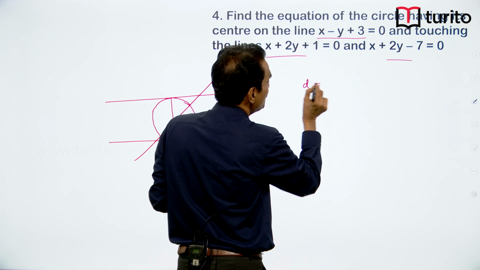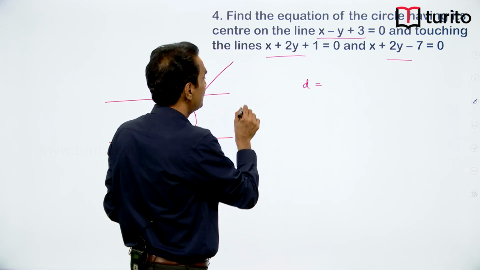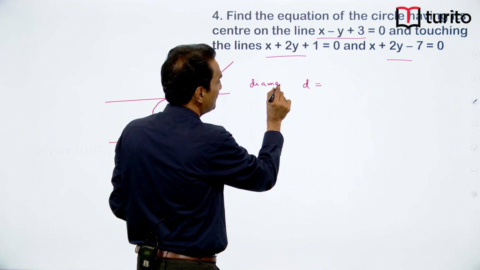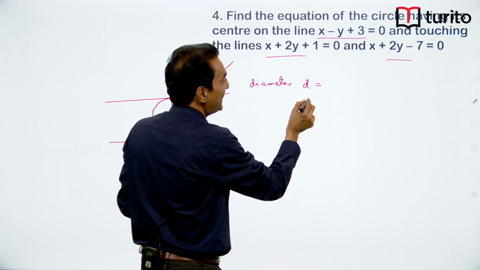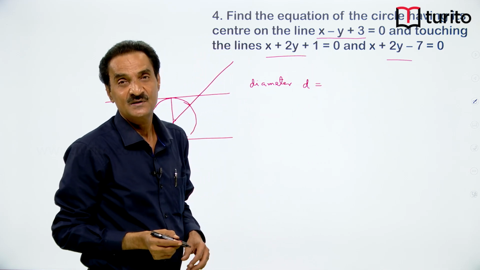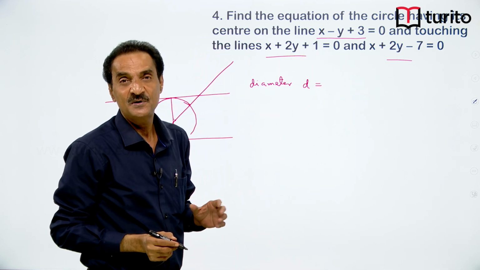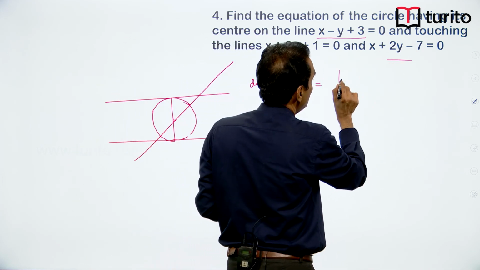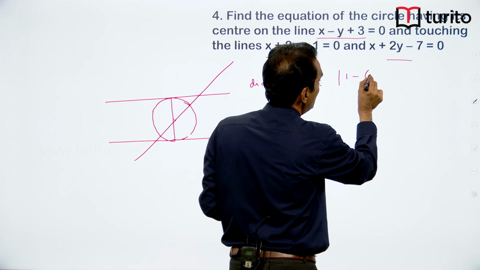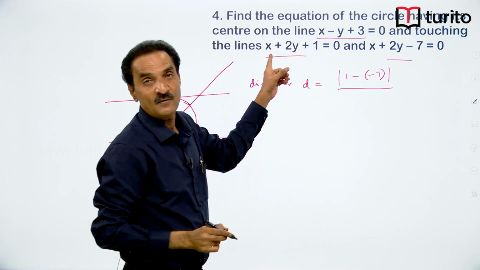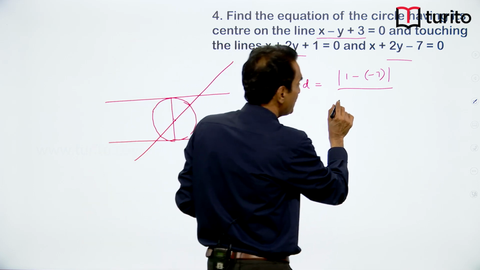Diameter d is equal to distance between these two parallel lines. What is the formula for distance between two parallel lines? Mod C1 minus C2, that is mod 1 minus of minus 7 by root over 1 square plus 2 square.